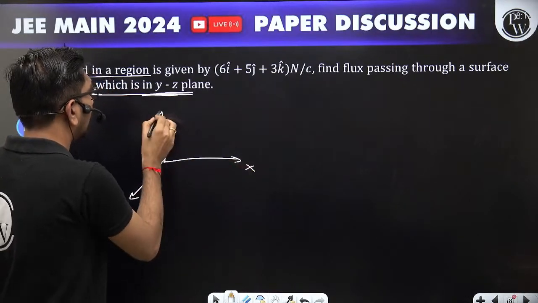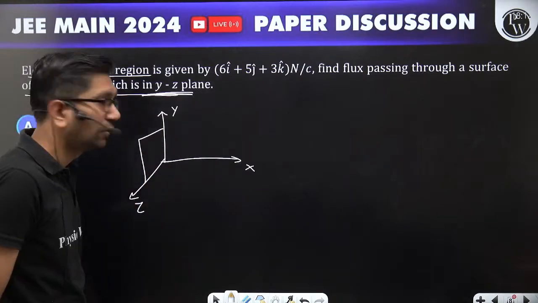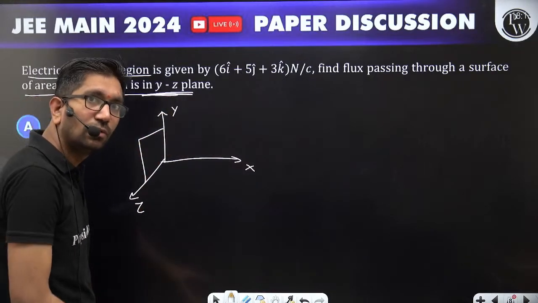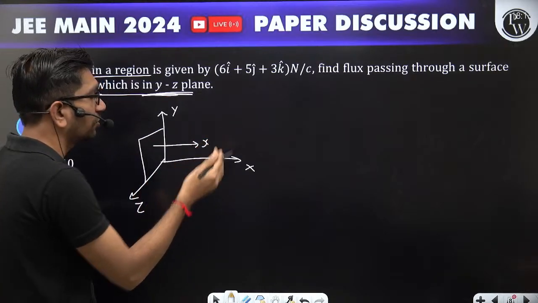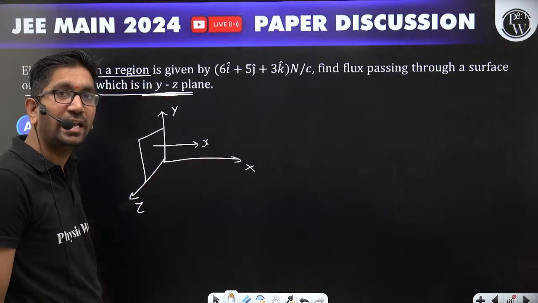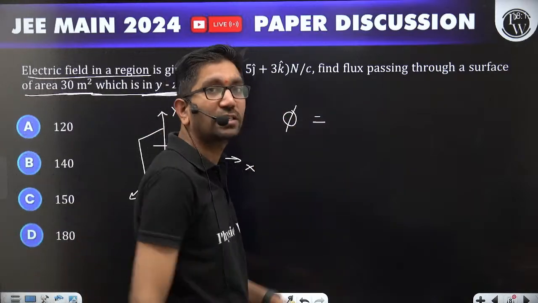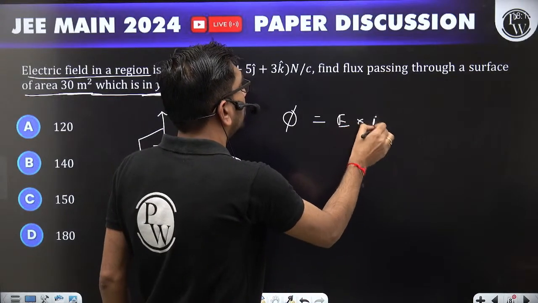This is x and this is y and this is z, right? So he has given it like this. This is along a YZ plane. So by using the right hand thumb rule, we can calculate the direction. The direction will be along the x-axis only, right? The direction of the area will be along the x-axis because see here, flux is a dot product, right? Everyone knows, electric field into area.